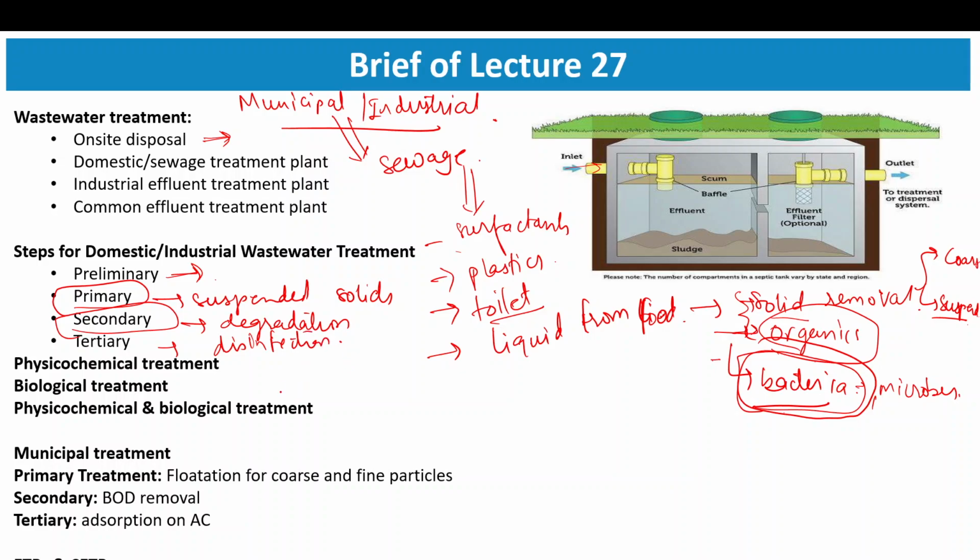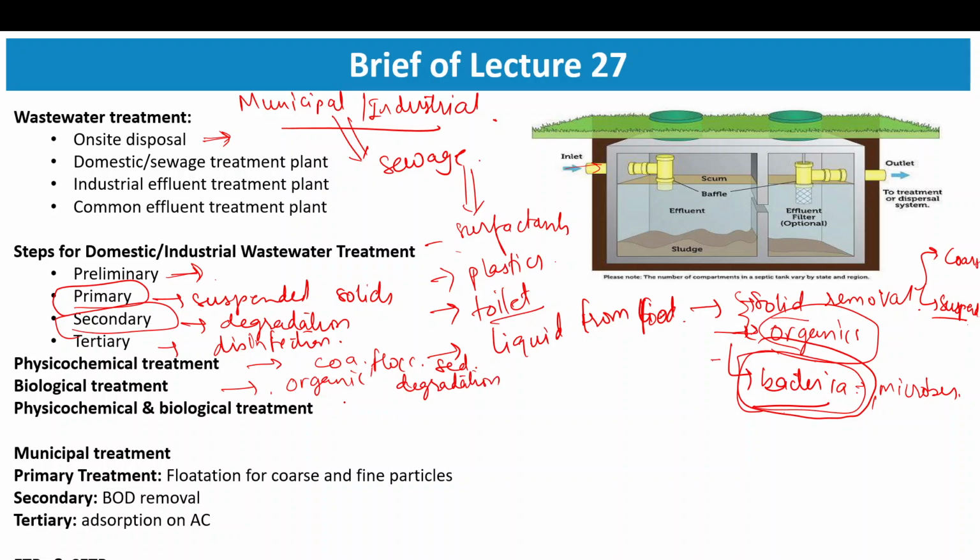Now here, physicochemical treatment is just coagulation, flocculation, and sedimentation. If you want to classify further, biological treatment is for organic degradation.